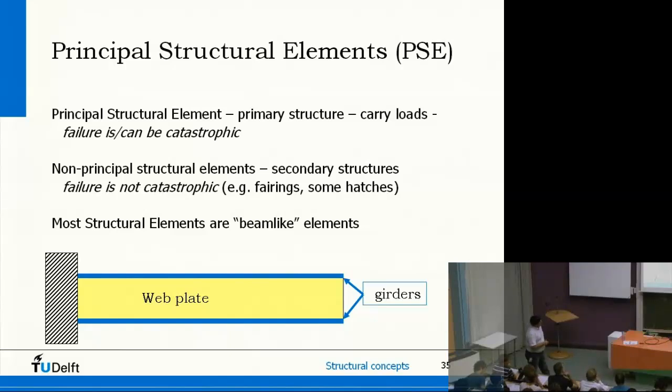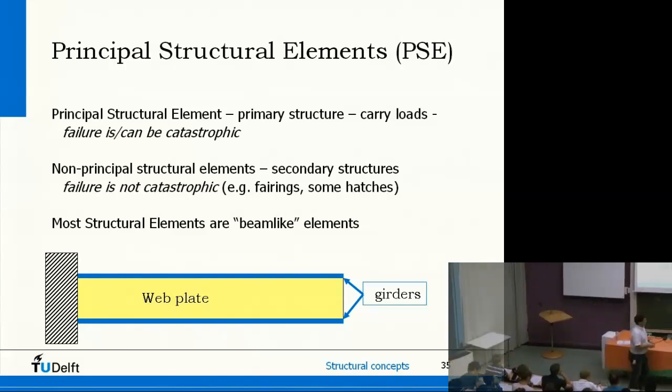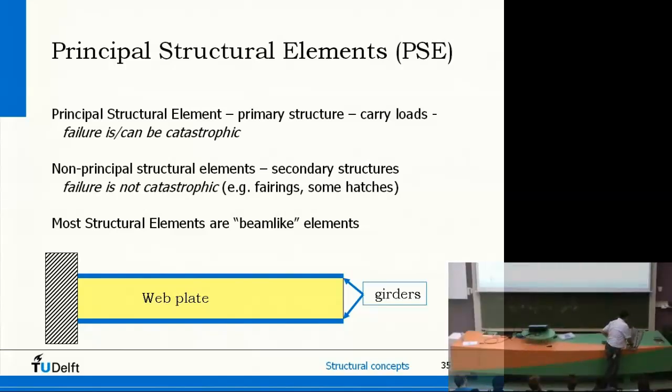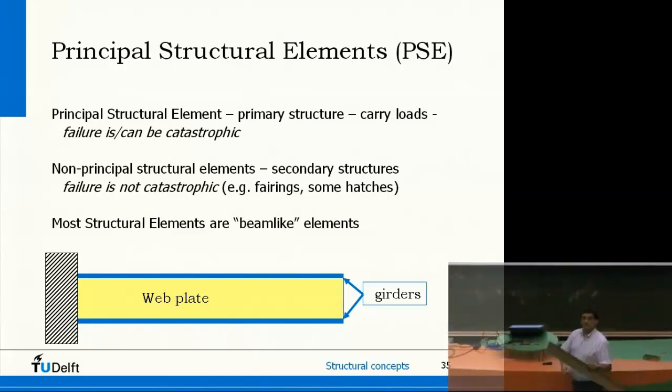Most structural elements are, as we say, beam-like elements. Again, this is a typical schematic picture of a beam. Two girders for taking up the bending moments and a web plate for taking up the vertical force. I hope everyone can see it also in the back.